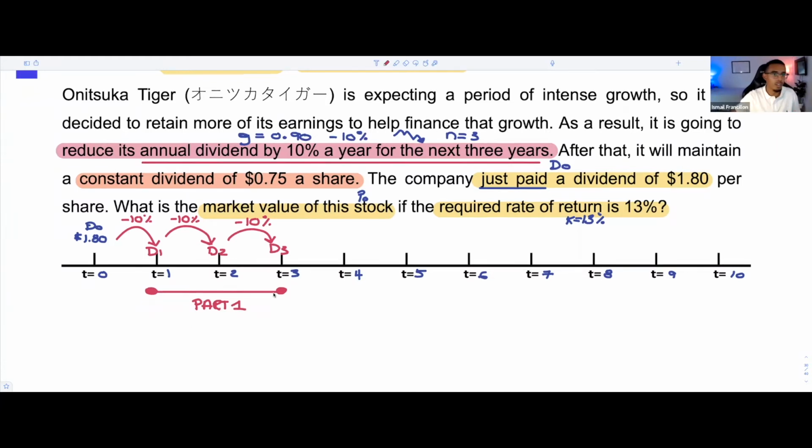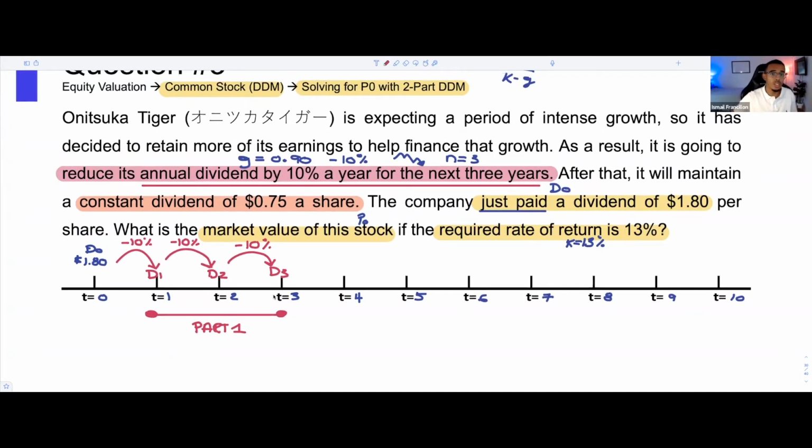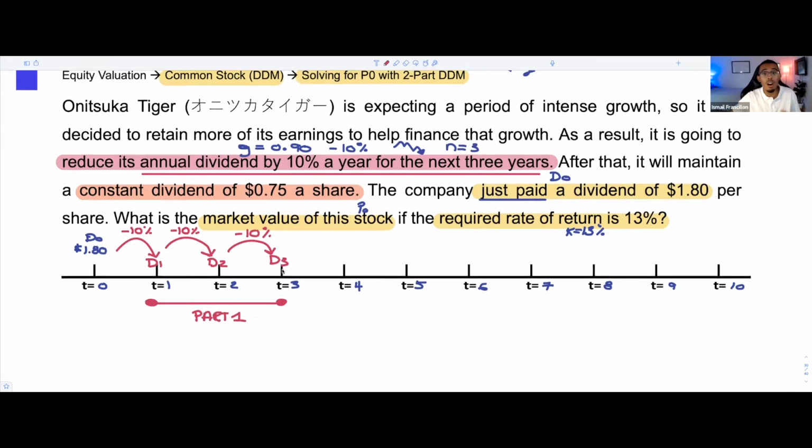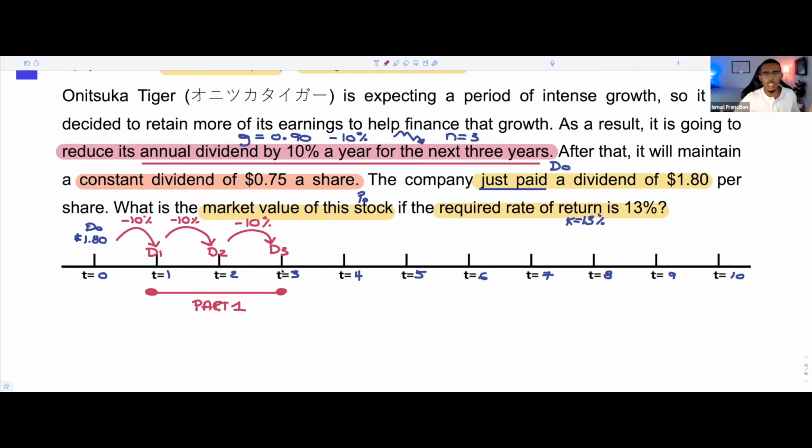It's easy as that. But then in the question, they're telling you that they're going to pay a constant dividend, essentially forever, all right? If they don't say anything else about something happening afterwards, you want to assume that that dividend is going to occur forever, okay? So in this case, we know that starting D4, we have a dividend of 0.75, right?